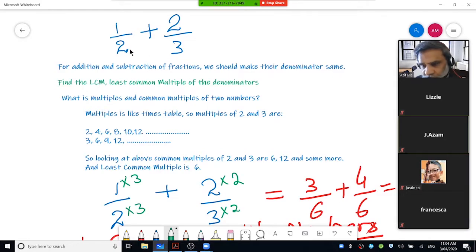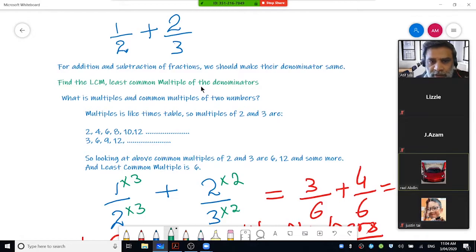For example, in this question we have 1 over 2 plus 2 over 3. Their denominators are 2 and 3. They are not the same, so we will have to make them the same. How do we do that? We find the LCM, the least common multiple, of the denominators.